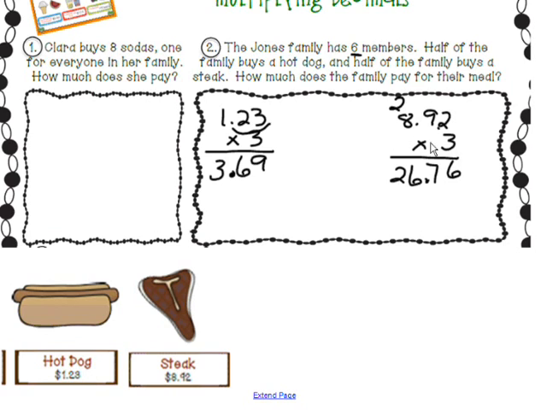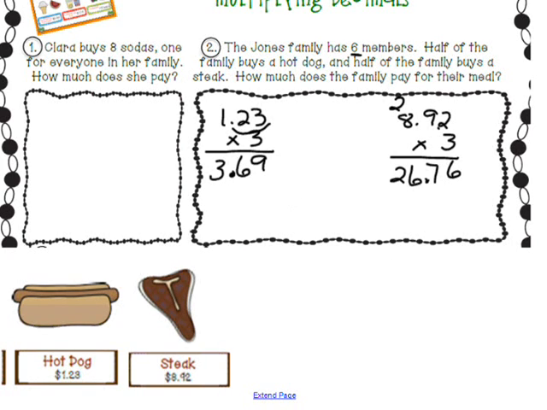So if I did 9 times 3, I would have 27. So this should be just a little bit less than 27 for my answer, and $26.76 is a little bit less than 27.